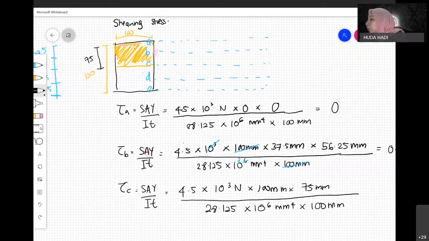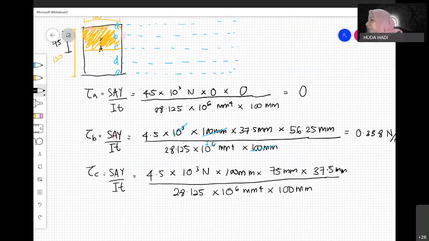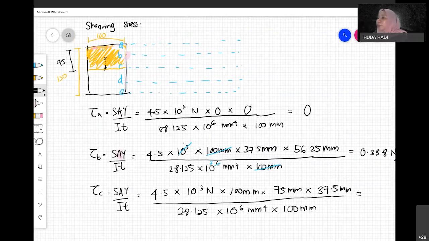Okay, thank you. And then I need the value of Y. So I dah tanda dah kat mana area ni. Macam mana you nak dapat ni? Centroid ni pergi ke centroid semua. 37.5. Okay, actually betul, 37.5 sebenarnya jawapan dia. Yes, big Y 37.5, 75 bagi je lah 2.